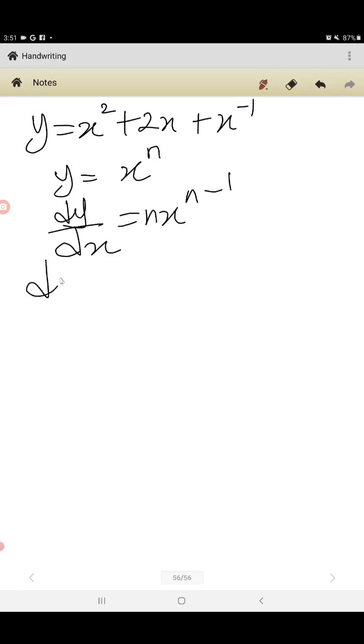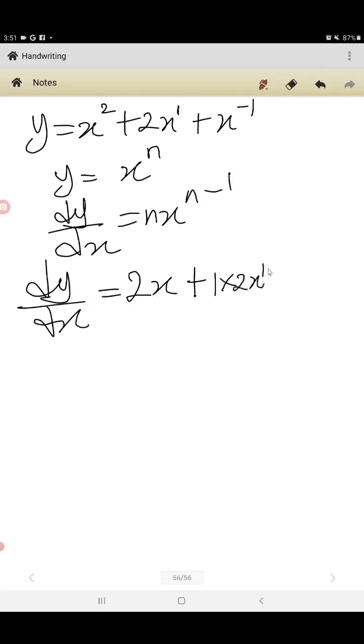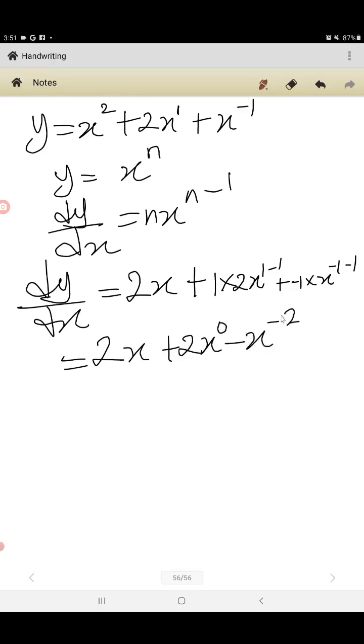So therefore, let's differentiate y with respect to x, which will give you 2x plus, this one raised to the power 1, so it will be 1 times x to the 1 minus 1, plus minus 1 times x to the minus 1 minus 1. So we have 2x plus x to the power 0, now minus x to the power minus 2.